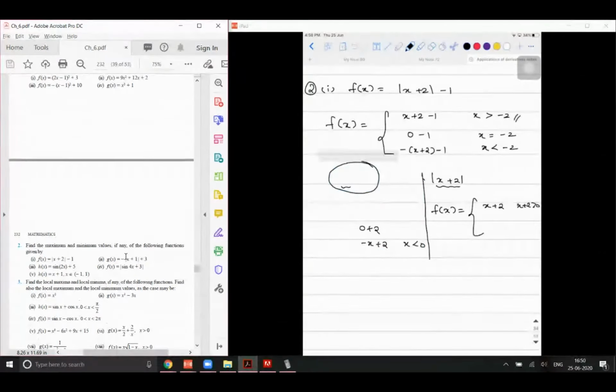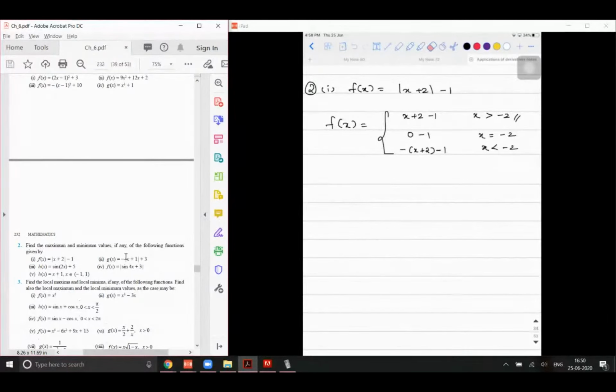Can you explain it again? The basic definition of modulus function is it should always give you a positive value.